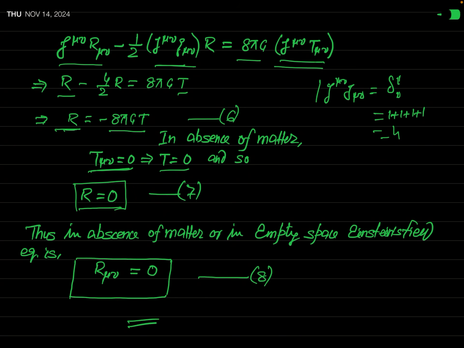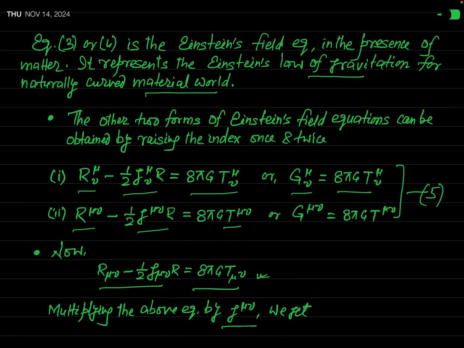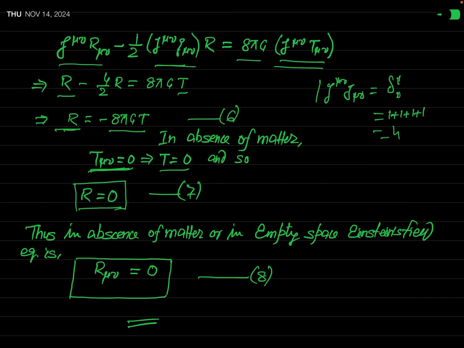So in the case of empty space, the Ricci scalar is 0 and the energy momentum tensor T mu nu is also 0. So if your aim is to write down Einstein's field equation in the absence of matter or in empty space, you must take T mu nu equal to 0 and R also equal to 0. Therefore, Einstein's field equation in empty space will become R mu nu is equal to 0.